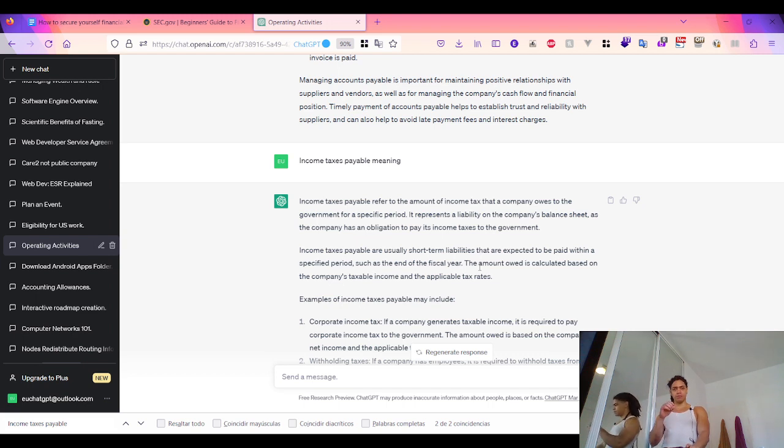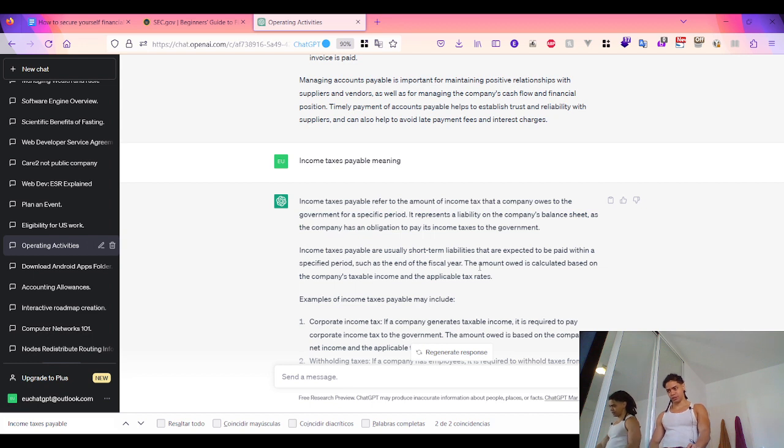Accounts payable is money that you owe to your suppliers and vendors. Accrued expense is what you incur for goods and services that have been delivered but not yet paid for. Deferred revenue is payment you collect for future obligations to provide goods and services. And income tax payable is money that a company owes to a government for a specific period.